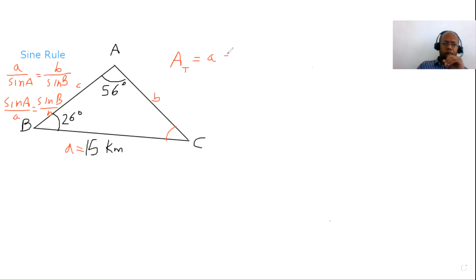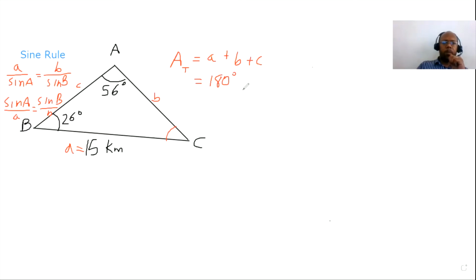So we need to add up all of the angles, right? We need to add these up, and they should all equal 180 degrees.